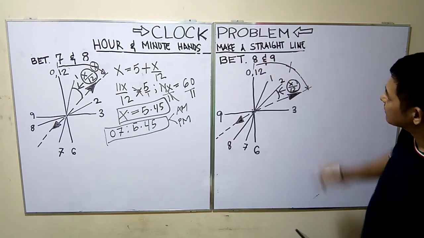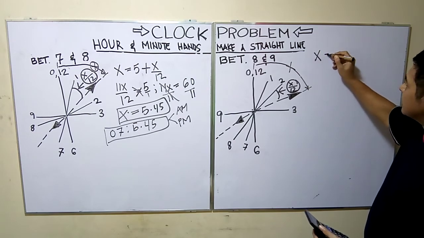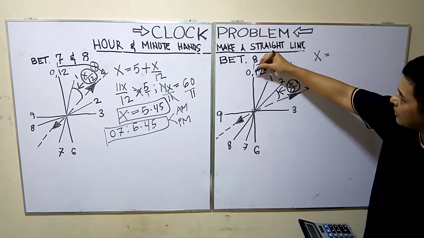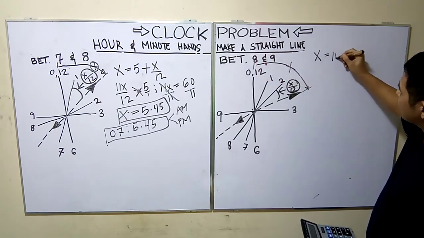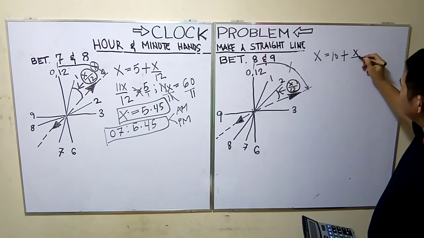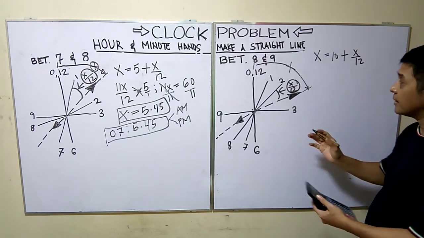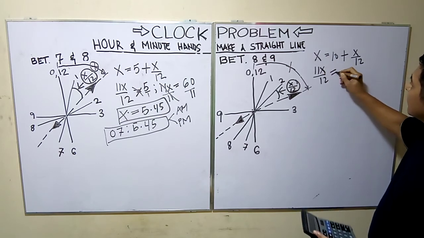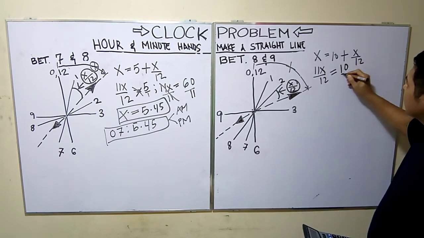So, this is X. X is equals to, titingnan na natin yung clock mismo. Magmula sa reference point hanggang 2 is 10 plus X over 12. Therefore, ilipat natin sa kabilang X over 12, magiging 11X over 12 is equals to 10.